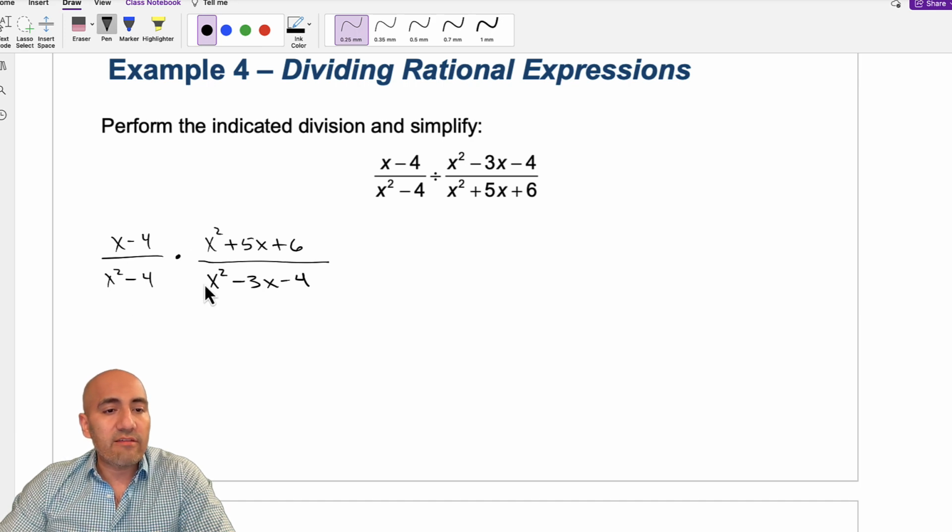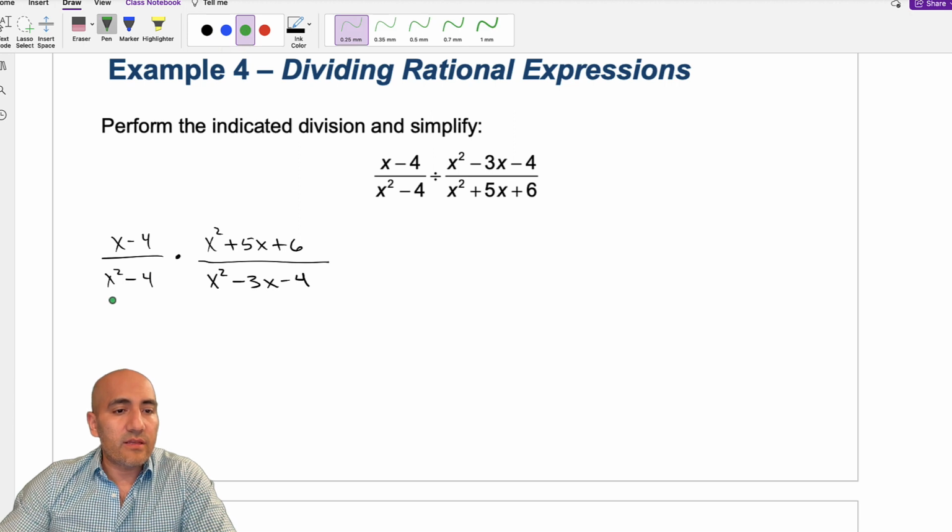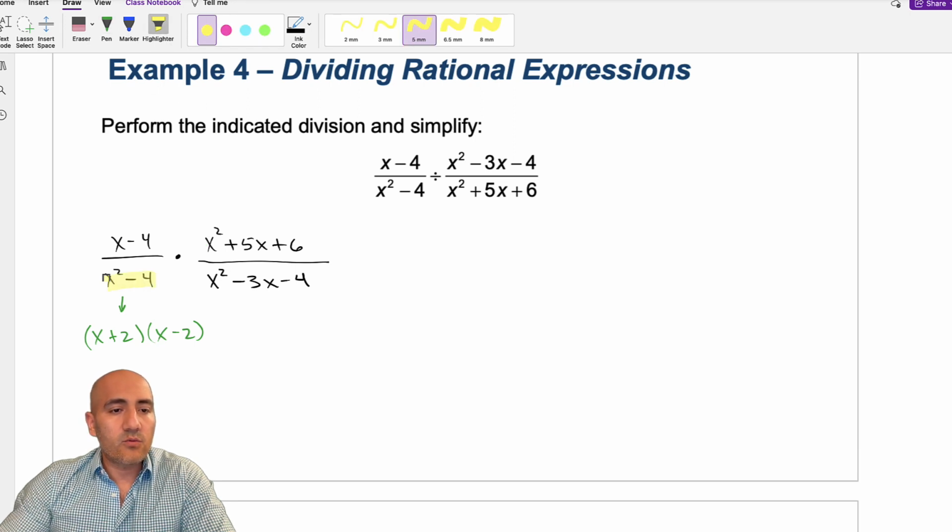And to do that, we're going to factor each term. So let's do it right underneath it. This is going to become a difference of squares, right? So this is going to become x plus 2, x minus 2. That takes care of this one. This one is already simple, as simple as it gets.